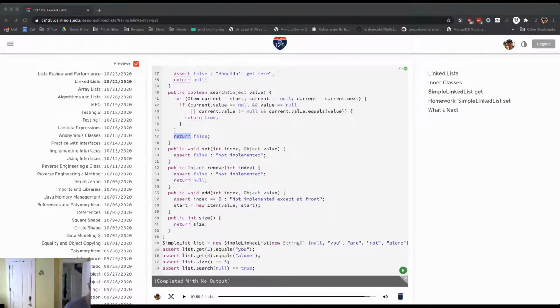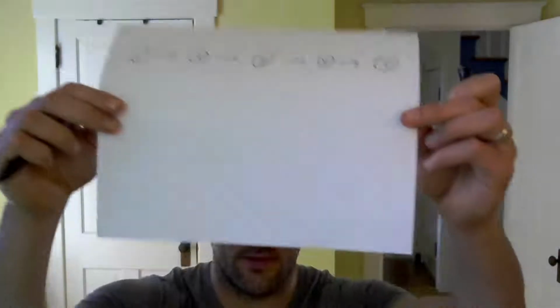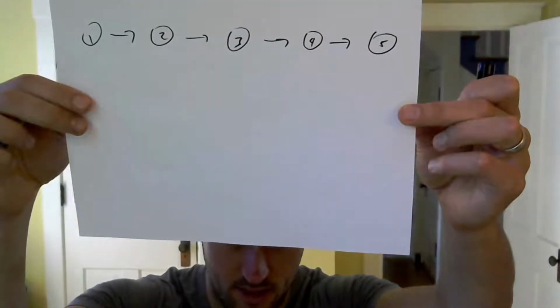I'm going to draw some pictures here. Right, so here's my list with 5 items.